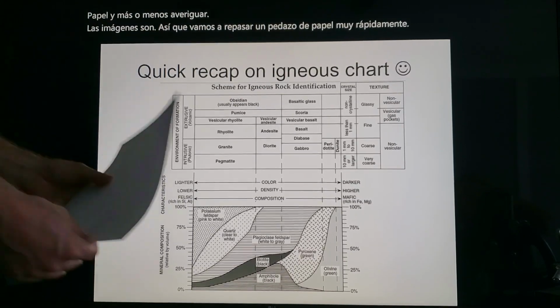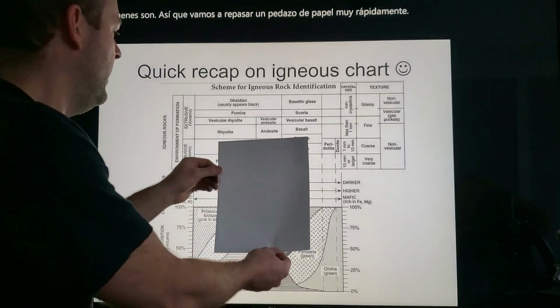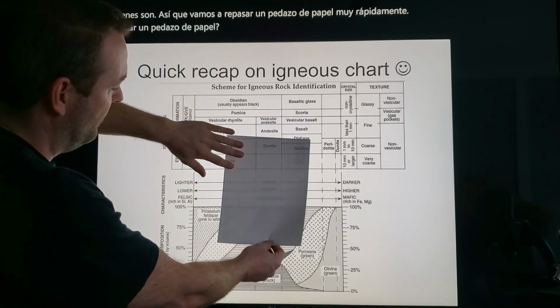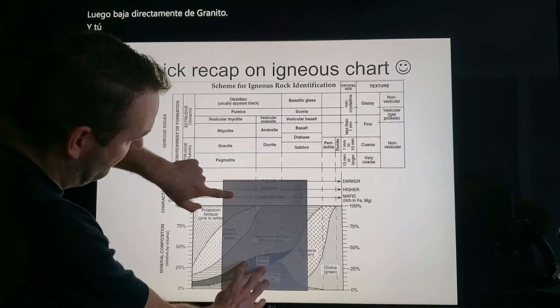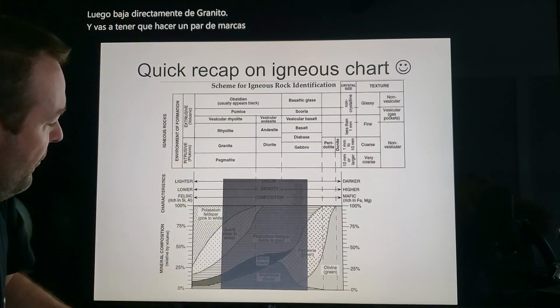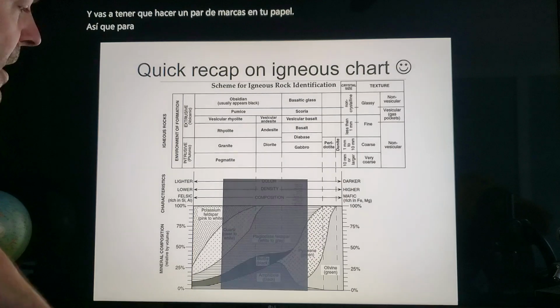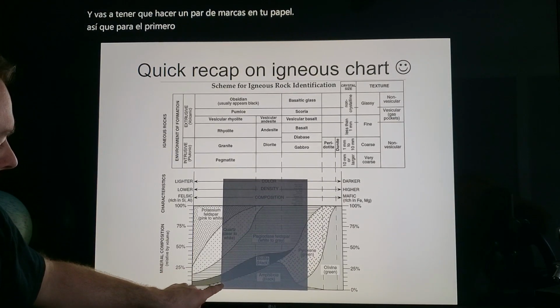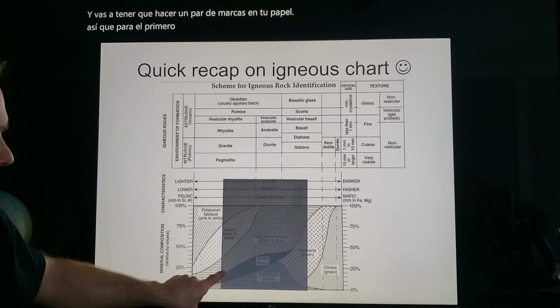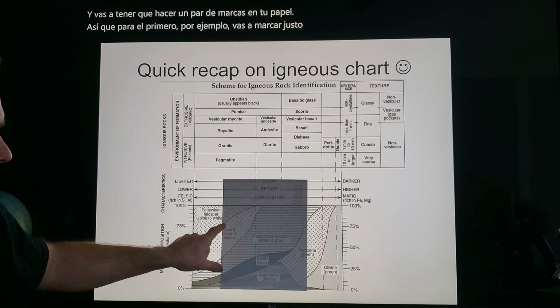All right, and you're going to take your piece of paper and you'll go straight down from granite, and you're going to have to make a couple of marks on your paper. So for the first one, for example, you're going to mark right where the 0 is. Then you're going to mark every time a new mineral line hits on that paper there.